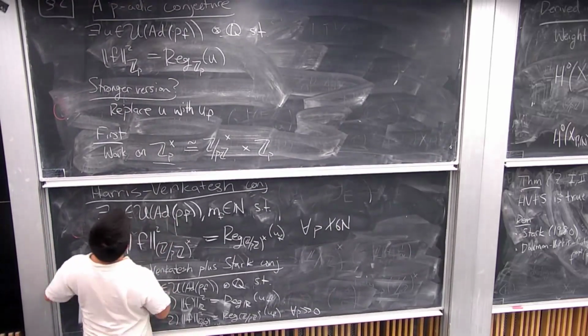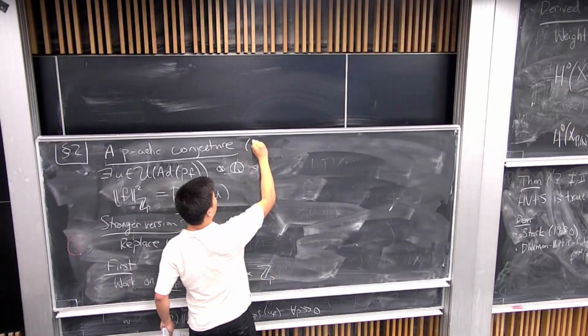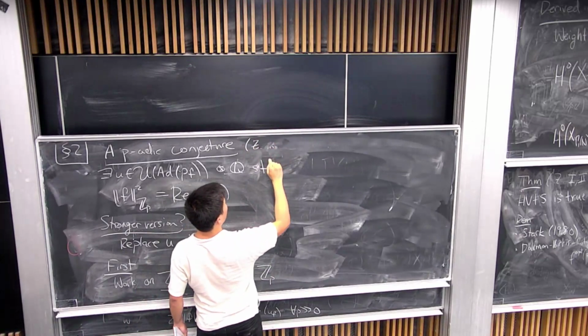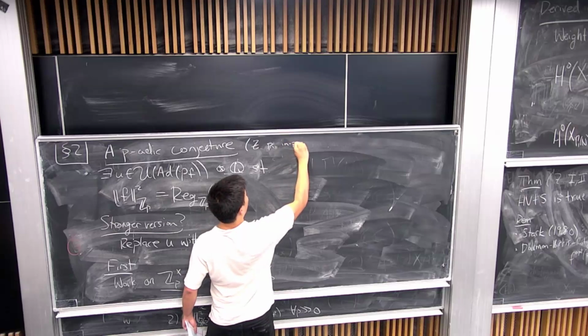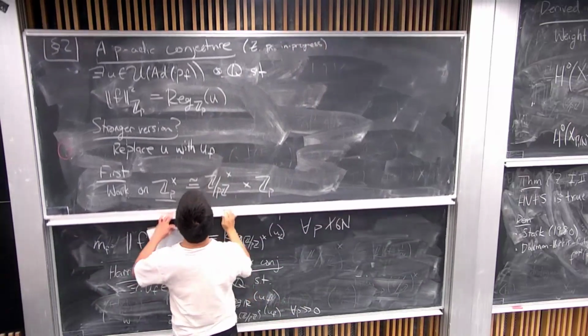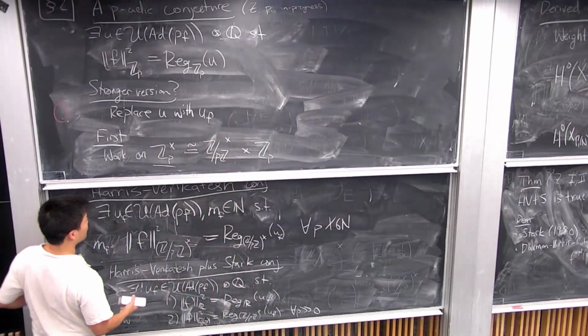Oh, and this entire content of the second part of the talk is work in progress. I have 1, 2, 3, 4, and then p. Speculative, but these constructions can go.